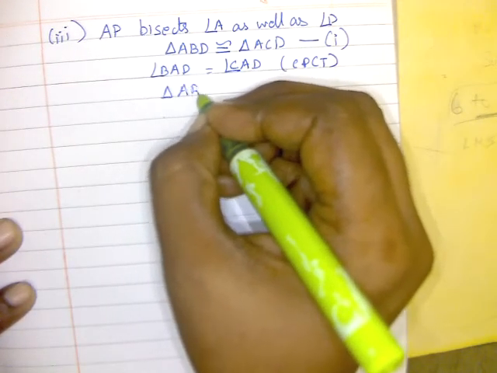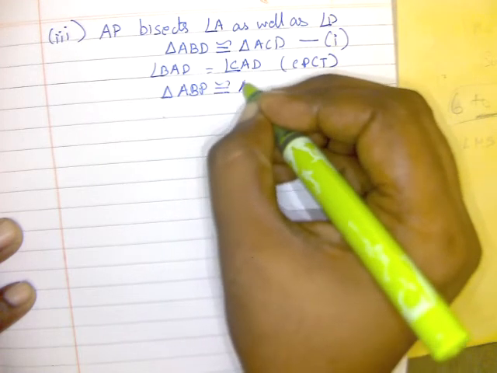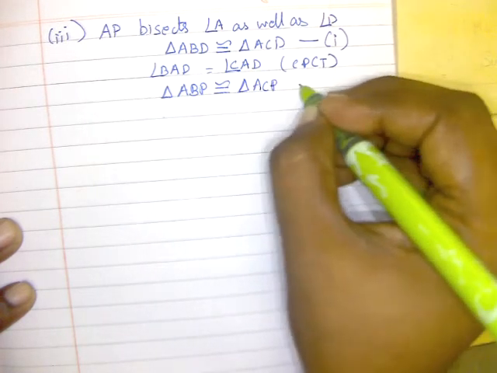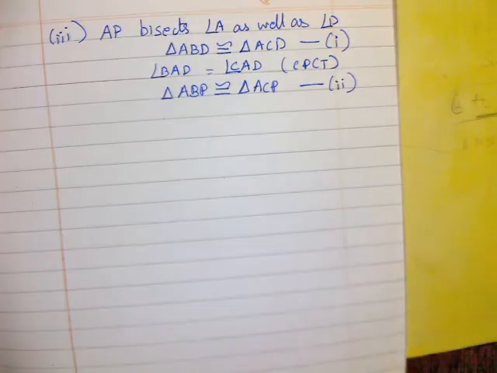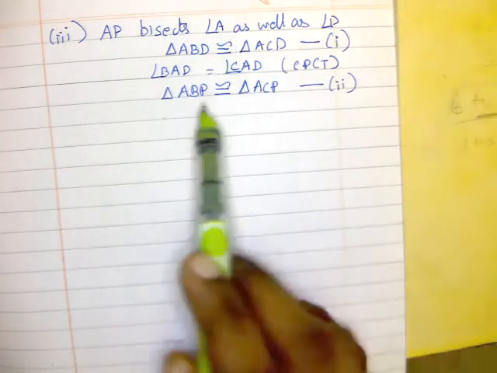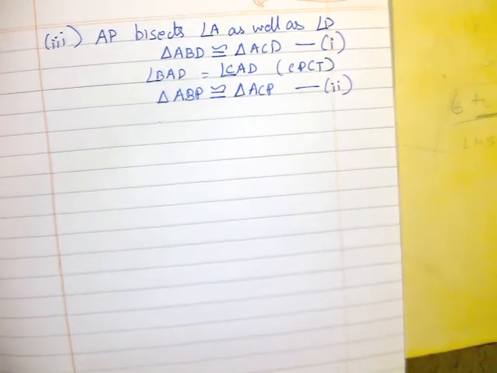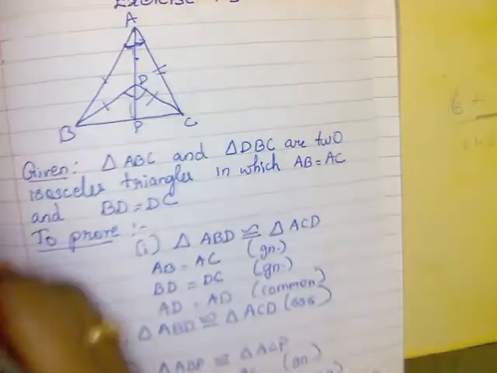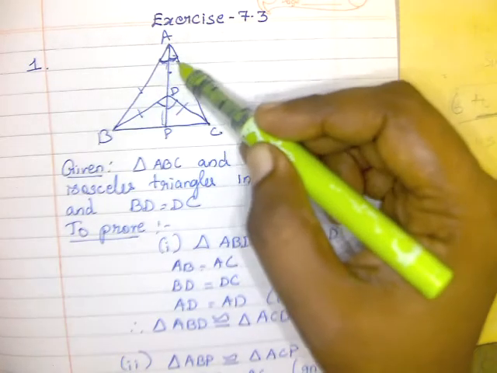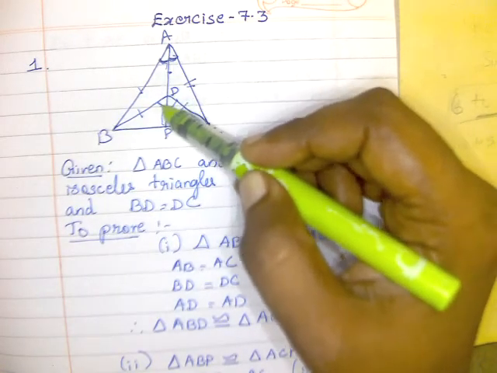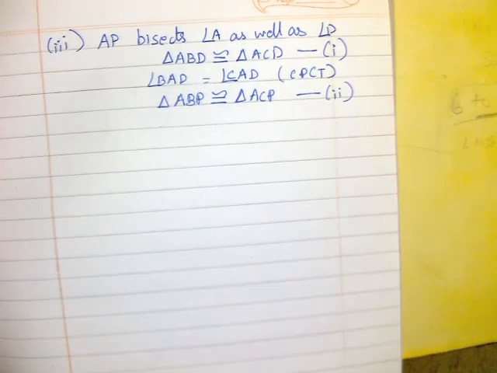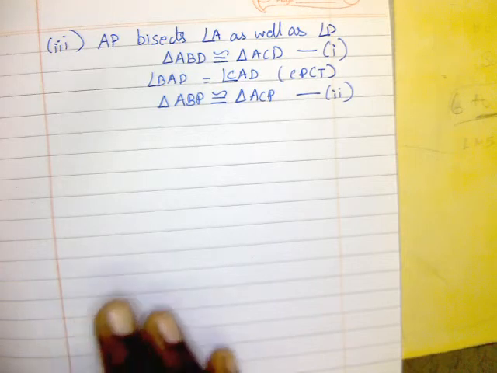Now, next what we proved here? Triangle ABP is congruent to triangle ACP. Take this as number 2. Now first we proved AP bisects angle A. What about angle D? How will we bisect it? Angle A means these two angles are equal, which we have to prove. D means these two angles are equal, which we have to prove. The first one we proved, that AP bisects angle A, is by CPCT. Now what are we going to do? We are going to subtract 1 from 2.